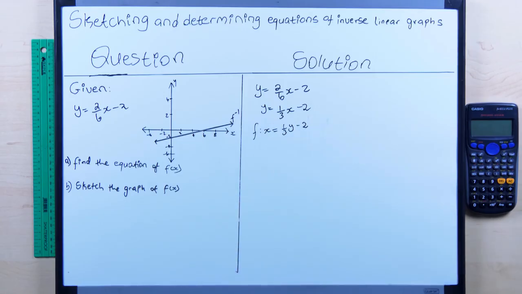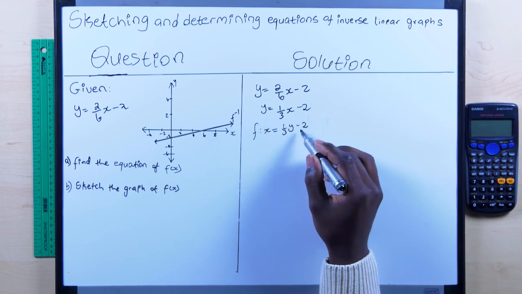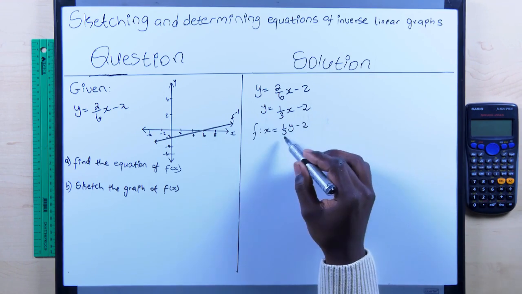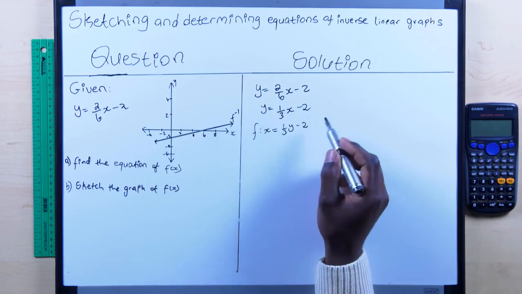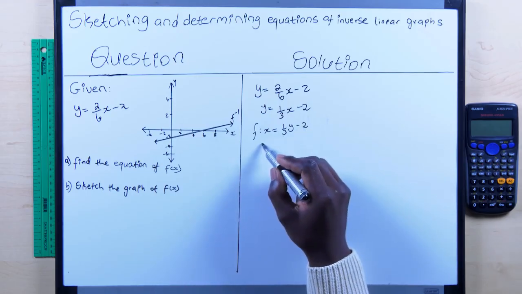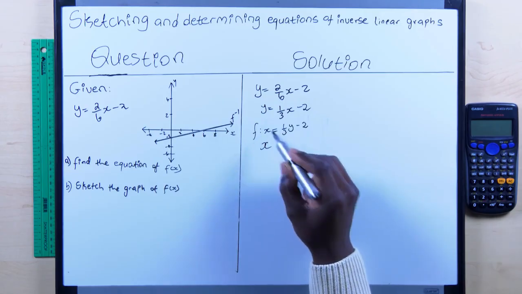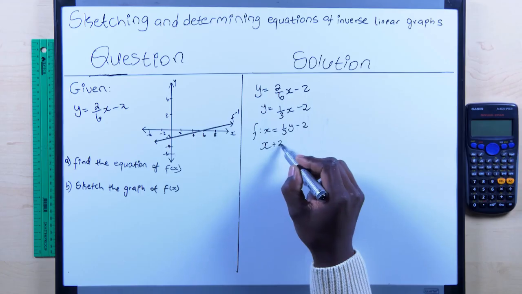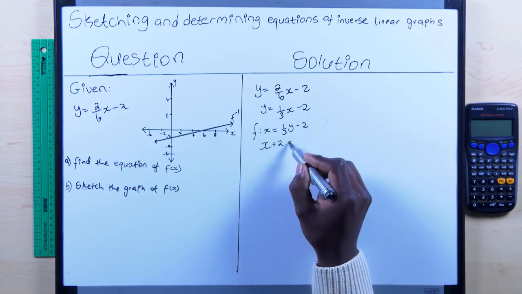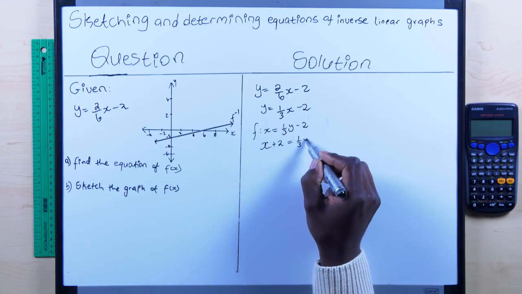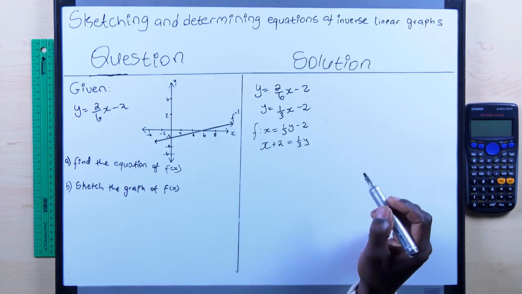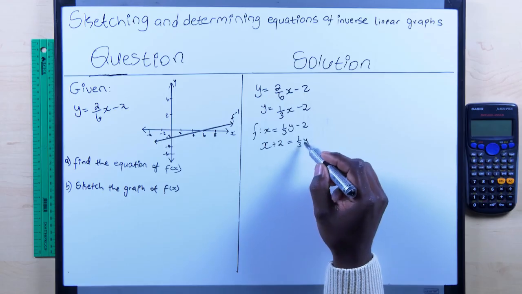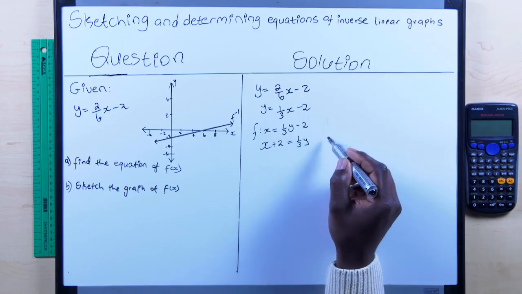What then do you need to do? You need to get y on its own as the subject of the formula. Then you must take minus 2 to the other side. So you add 2 to both sides to remove this 2: x plus 2 equals 1 over 3y. Next, you want to remove 1 over 3, so multiply by 3 throughout.